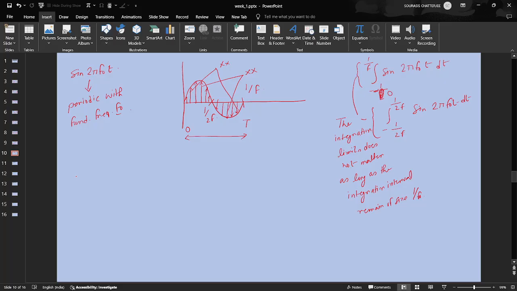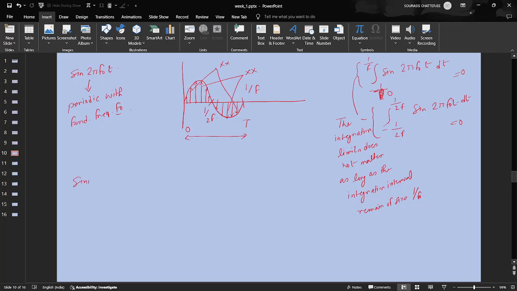So therefore this integral here goes to 0, and it doesn't really matter whether you are integrating it over 0 to 1 over f or minus 1 over 2f to 1 over 2f, as long as your integration period is t or 1 over f, this integral is always going to be 0. And this is because for every value in the positive quadrant there will be something in the negative quadrant that cancels it, so that the overall integral produces 0.